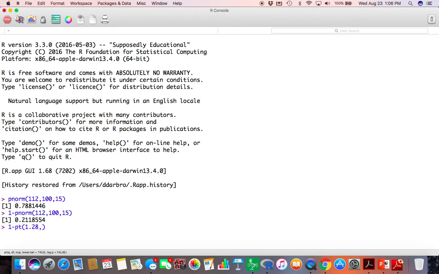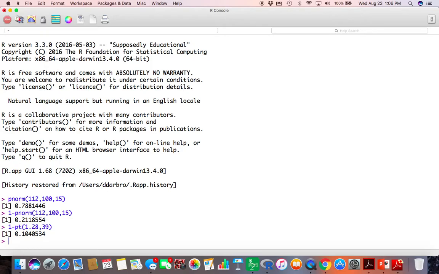Let's just say the sample size is 40. The degrees of freedom would be 39. So the area to the right of 1.28 is about 10.4% of the area under the curve, or the probability of selecting a value from this distribution 1.28 or higher is 0.104.